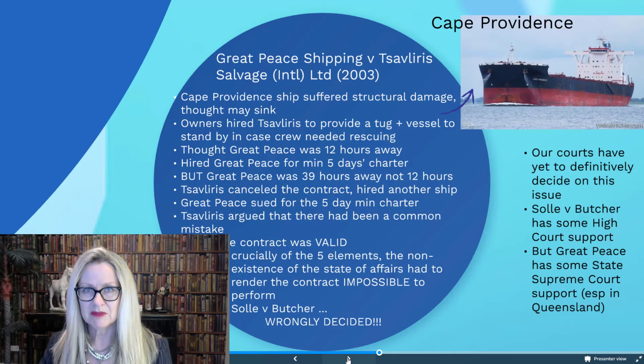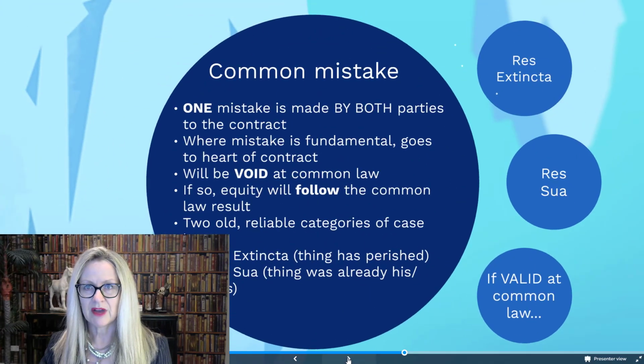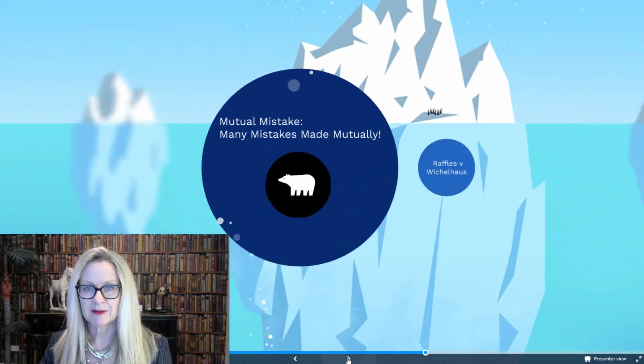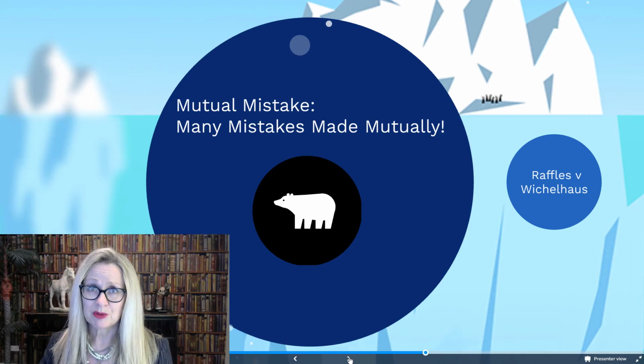So that's common mistake. And now we need to have a look at mutual mistake. Mutual mistake is really super duper simple as compared to either common mistake or unilateral, actually.